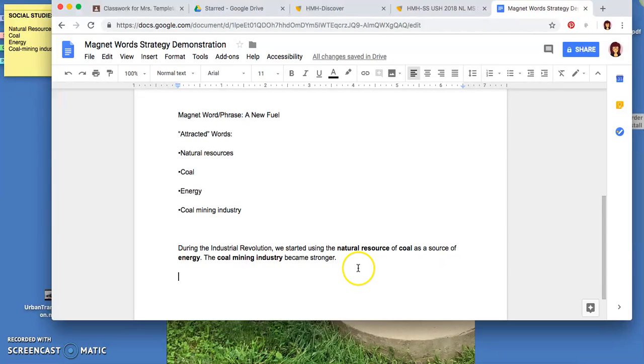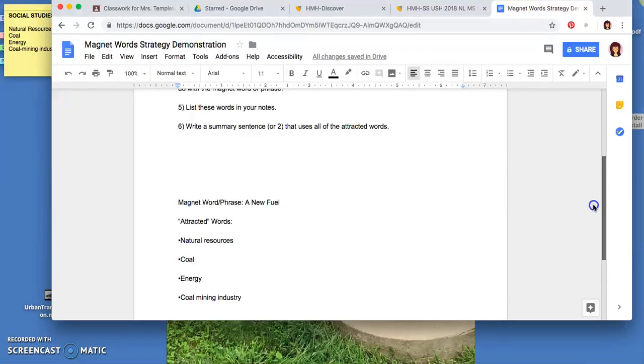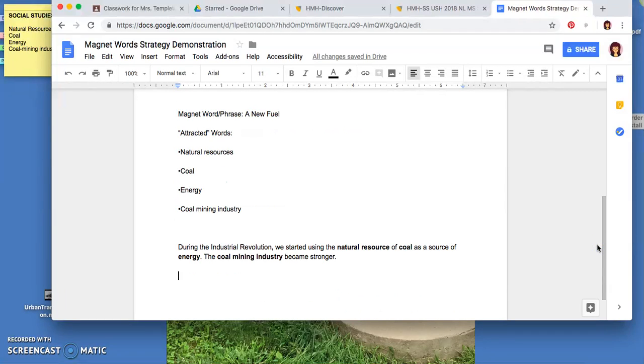So there's my summary sentence. This is the main idea of the paragraphs that I just wrote. And that is, in a 10-minute explanation, a demonstration of how to use the magnet word strategy to take notes.